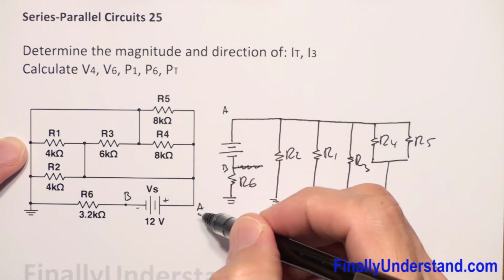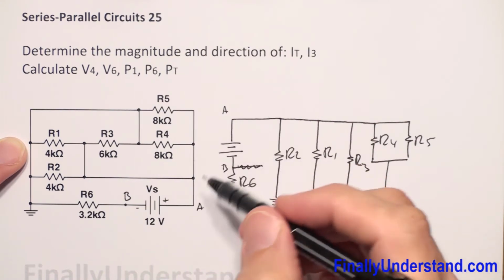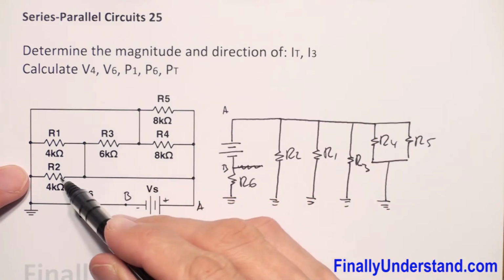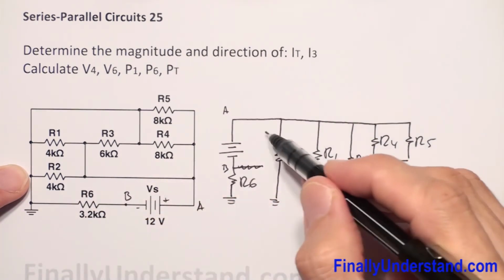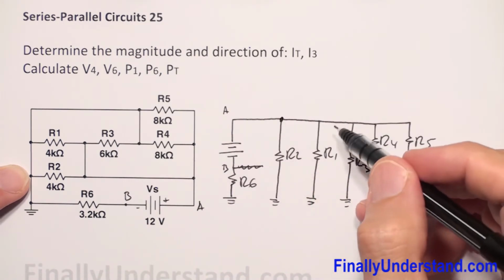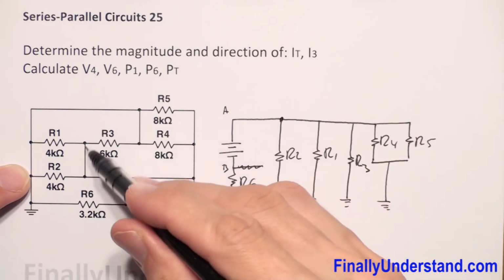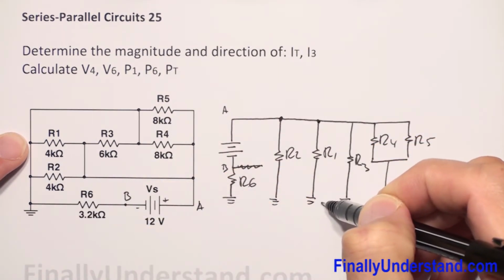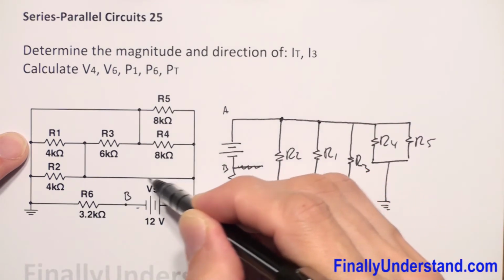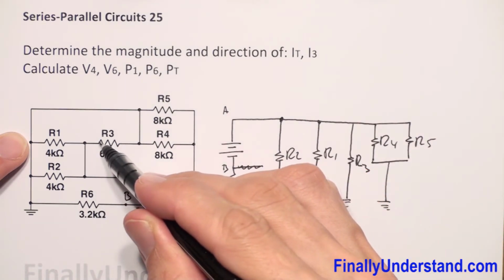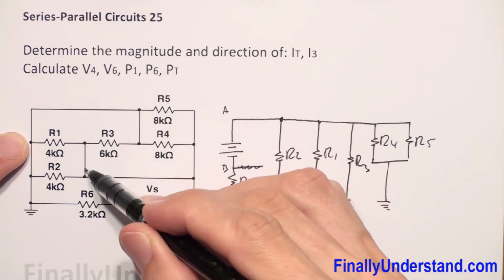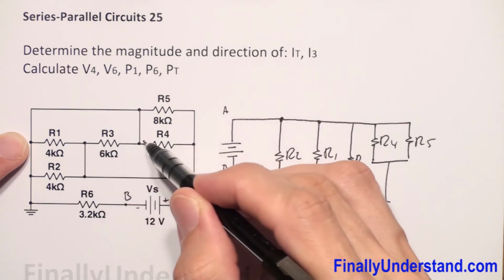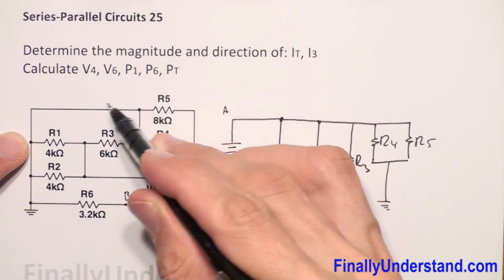So one more time. We have terminal A. Terminal A is connected to resistor R2, and R2 goes to ground. Terminal A is connected to resistor R1, and R1 goes to the ground. R3 is connected to terminal A, because this is terminal A, okay, and the other side of the resistor is connected to the ground.